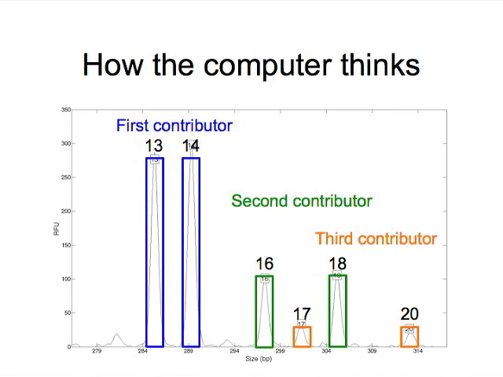A little bit less of the second contributor in green, and a lot less of the third contributor in orange, at just those locations and those amounts, then the picture that you're seeing looks very much like the data that's underneath it. So that sort of explanation would have a high likelihood of being true, because the pattern that the computer is proposing of those 3 genotypes in those amounts explains the data. It produces a pattern that looks like the data pattern.